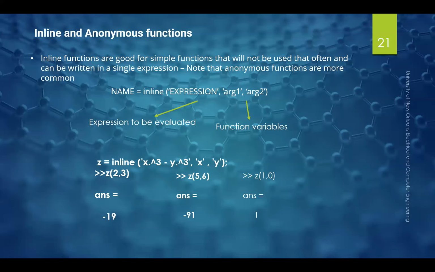So as you can see, once we define z as this expression, anytime we call it, and we give it a value for x and y, it gives you the answer. It evaluates the function at those 2 points. And I'm showing you here 3 different cases where by simply calling z with different arguments in each of these cases, it evaluates the function x to the third minus y to the third at those values, which is what we intended.